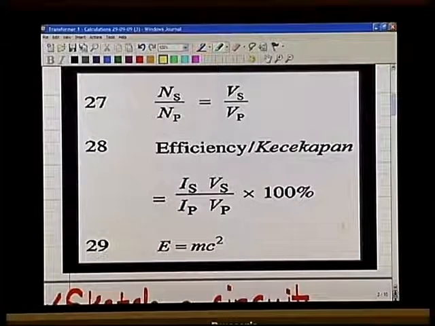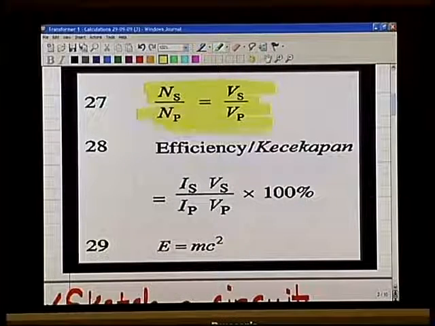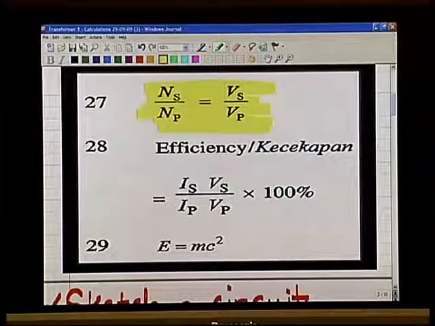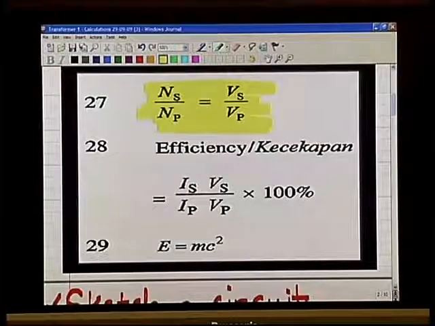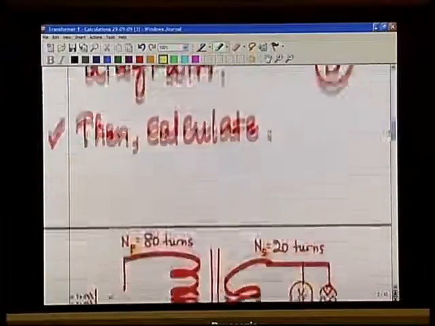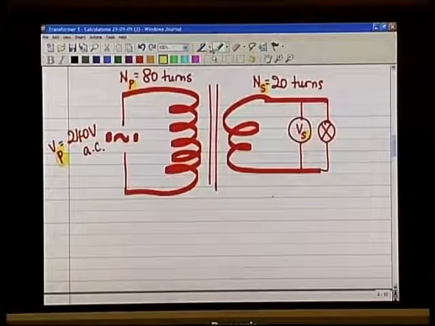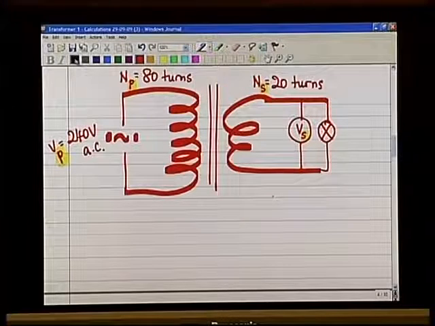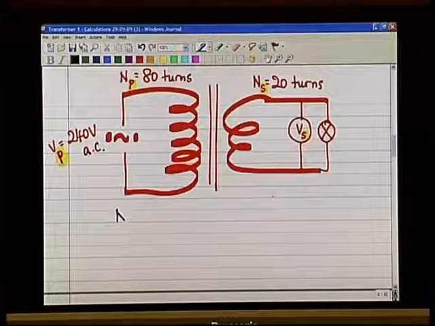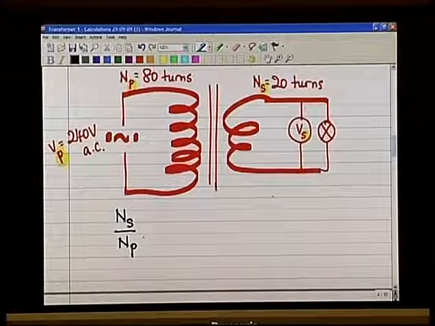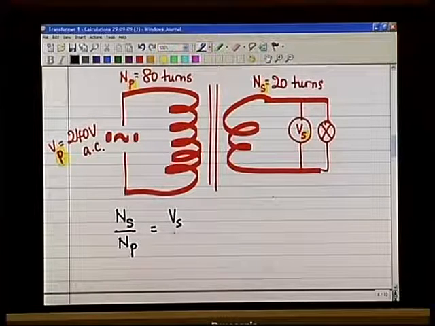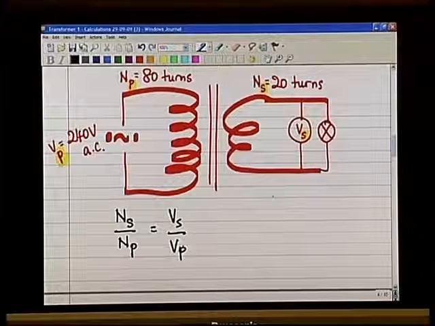Look at this formula. Ns over Np equals Vs over Vp. Alright, so let's write it down again. Ns over Np gives us Vs over Vp.